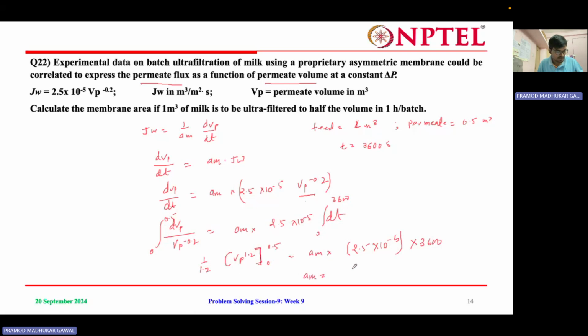After calculating, you will get AM equal to 4 meters square. So the membrane area is 4 meters square.